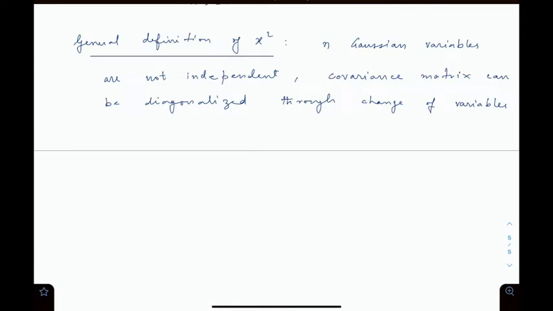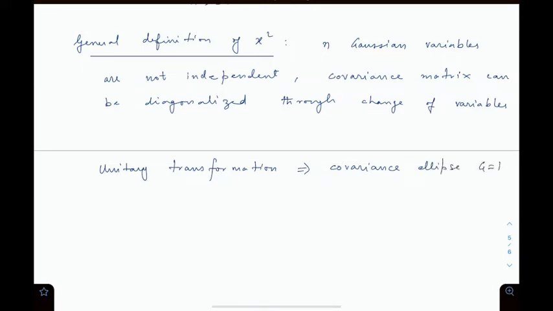Now this is a unitary transformation. So that implies the covariance ellipse is given by G equals to K. G we defined earlier, so this does not change.